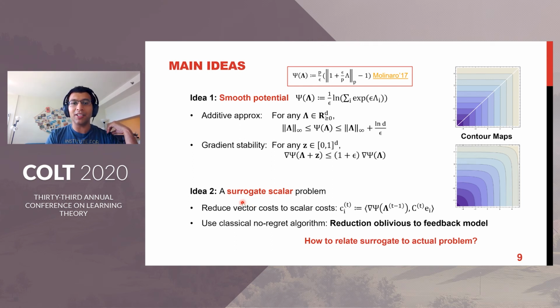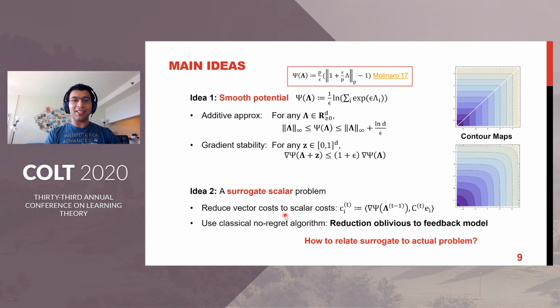In particular, we define these surrogate scalar costs, which are given by the gradient of your psi function at the current load times the incoming cost matrix. I'm calling this the surrogate scalar problem. So our algorithm is: just use these scalar costs and feed them into a classical no-regret algorithm, a classical algorithm for just the scalar online learning problem, and take those actions.